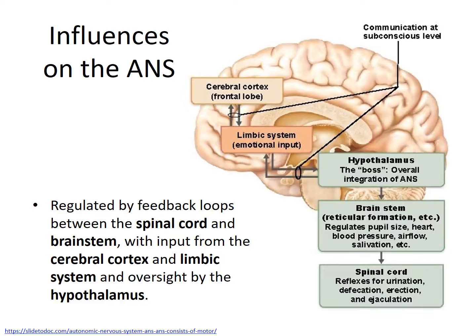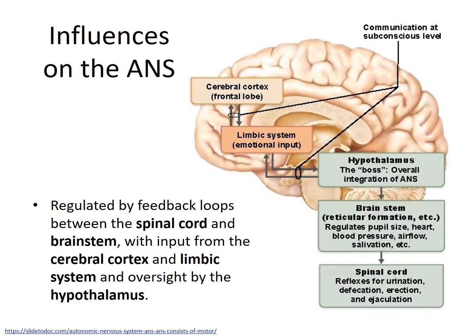Autonomic nervous system regulated by feedback between the spinal cord and the brainstem, with oversight by the hypothalamus, which receives input from the cerebral cortex and limbic system. May we repeat that one more time?